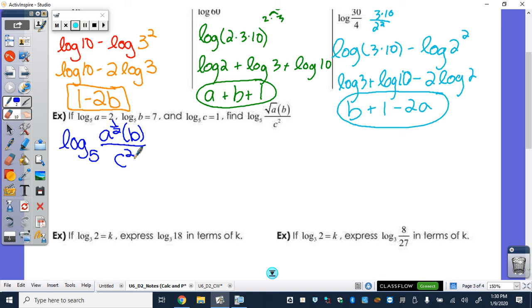We need the exponent. So then we'll expand things out. Making sure you remember to keep writing your base in there. So base 5 always has to be there.